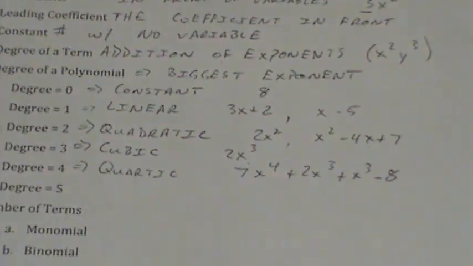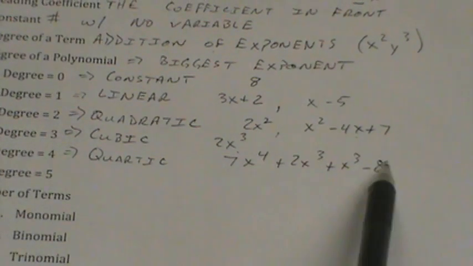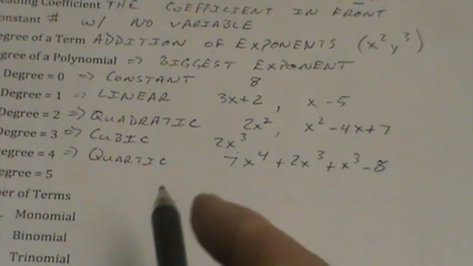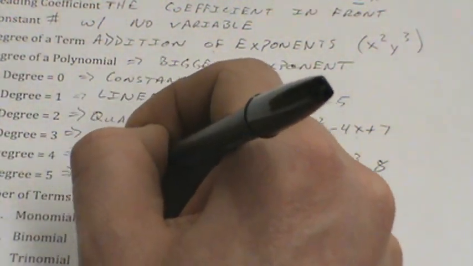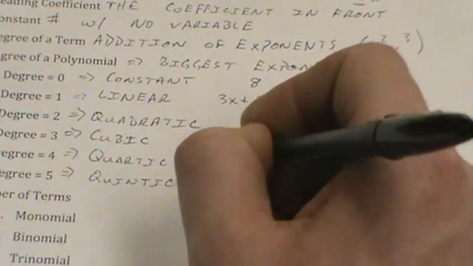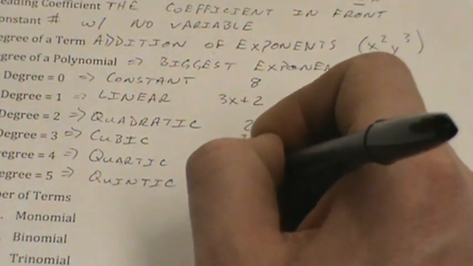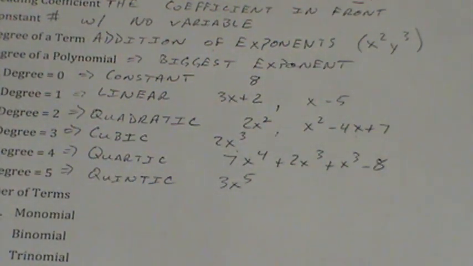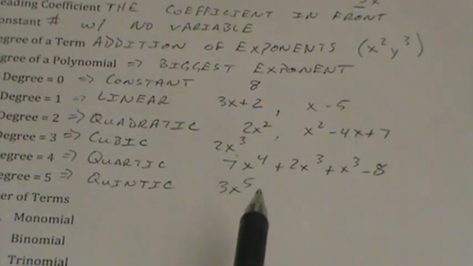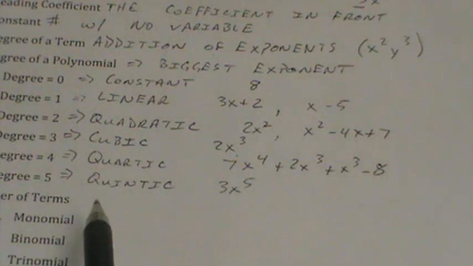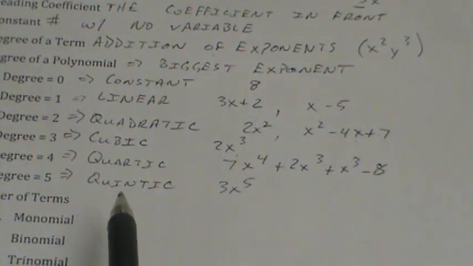Once again, it doesn't matter that we have these other powers in here. What matters is that the biggest one is power 4. Last one is a quintic, power 5. So 3x to the 5th, for example, and you get the idea, as long as the biggest exponent is a 5.